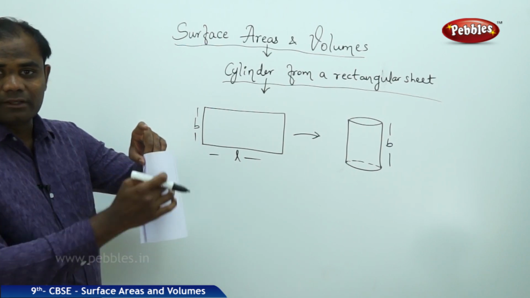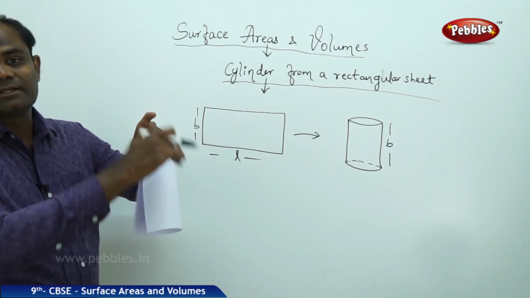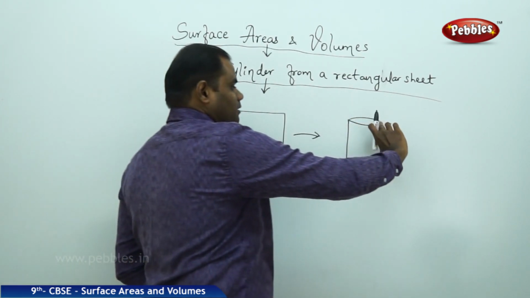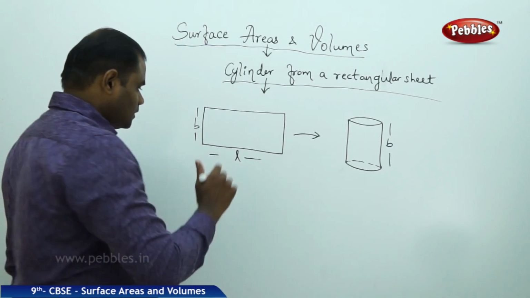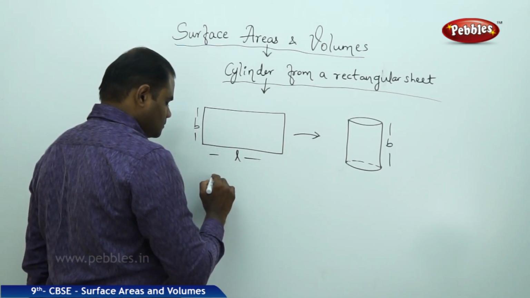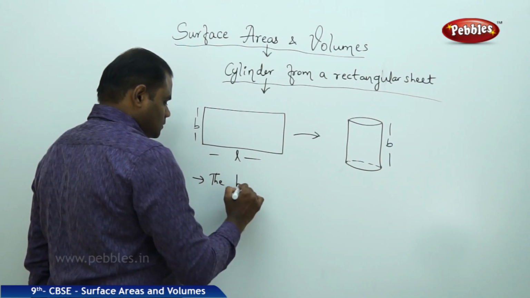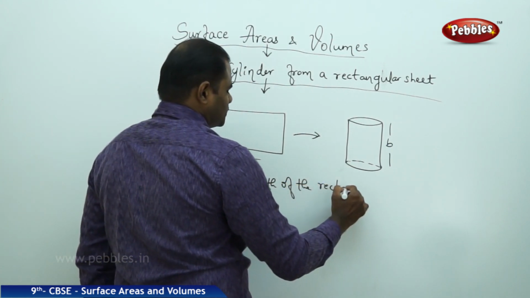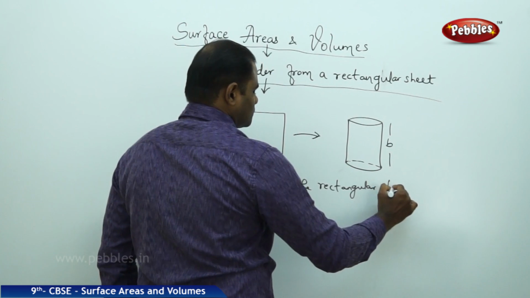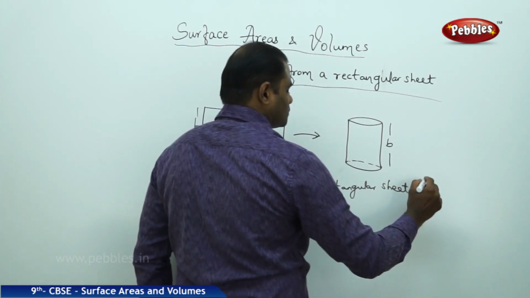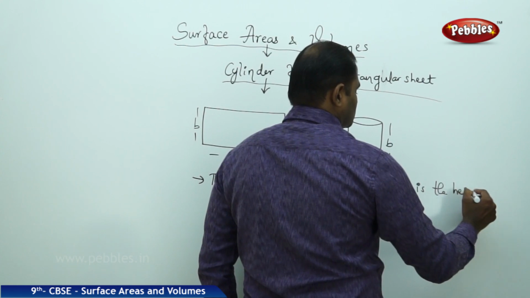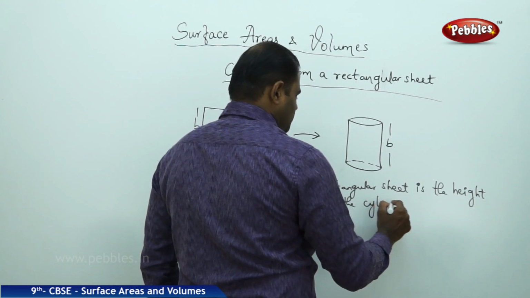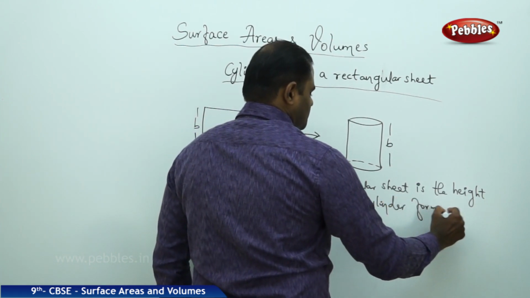That is, the breadth of the rectangle, when rolled, forms a cylinder of height with the same dimension as B. So the first thing we note is that the breadth of the rectangular sheet is the height of the cylinder formed.